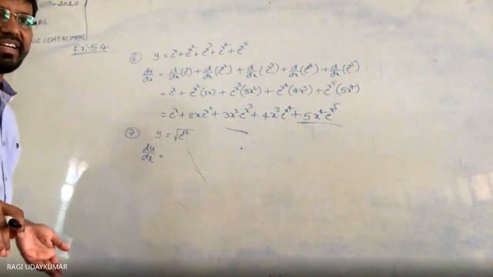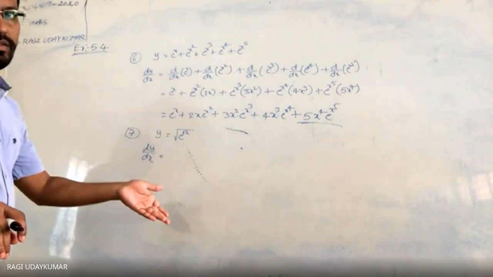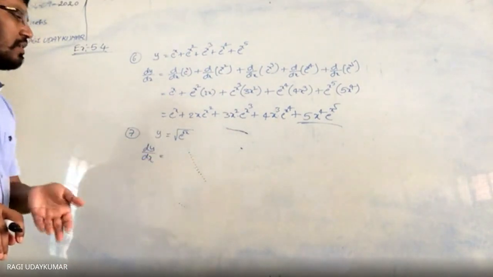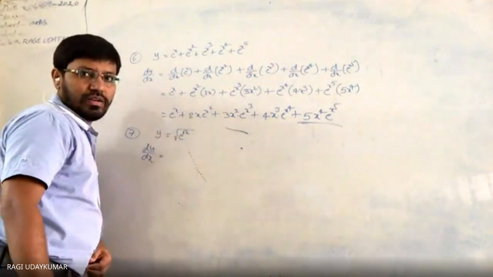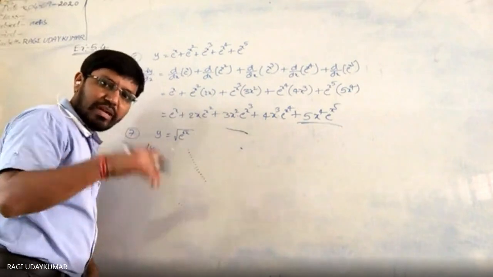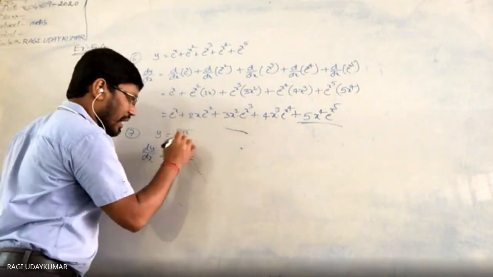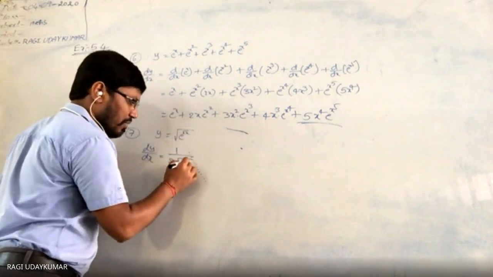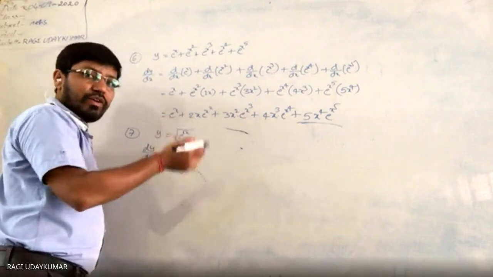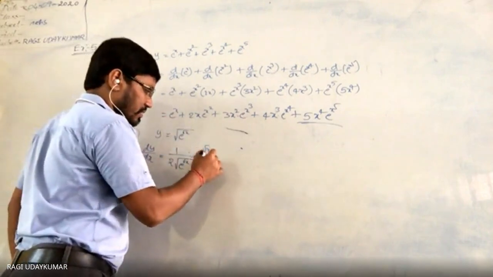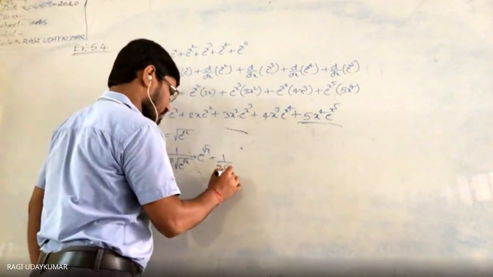you can do it in two different methods here. Here itself, taking a square on both sides, y² is equal to e^(√x). Or you can differentiate directly: the differentiation of √x is 1 by 2√x. So e^(√x) into the differentiation of e^(√x), and the differentiation of √x, again 1 by 2√x.